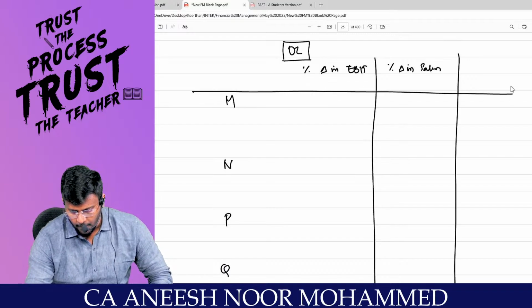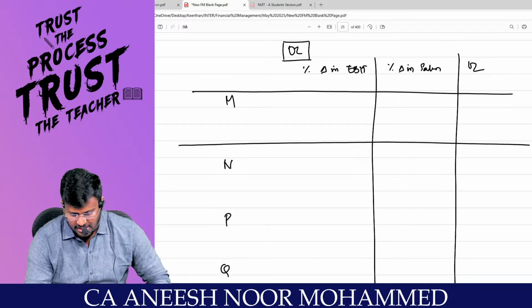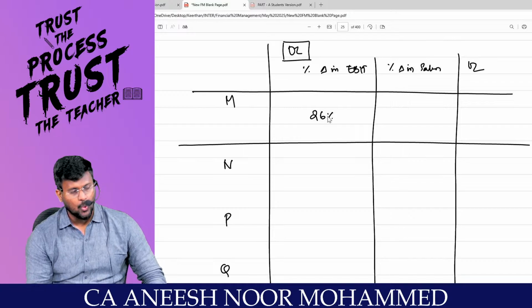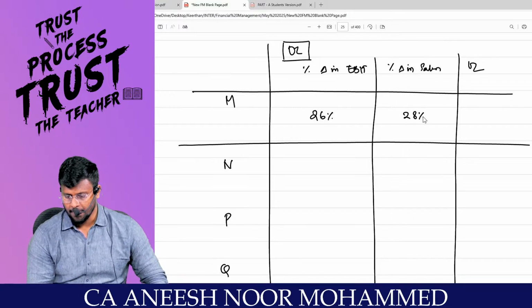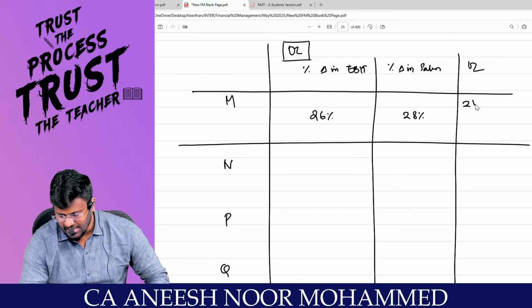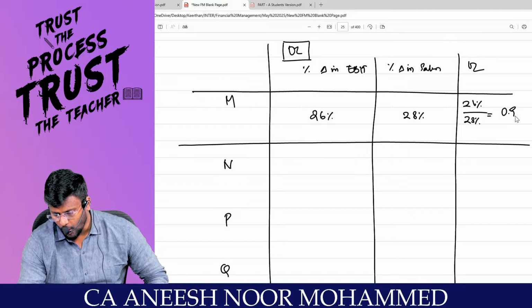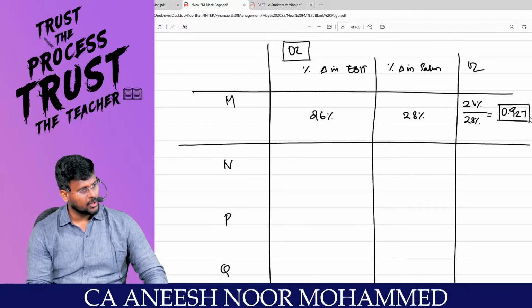Then I will be getting the operating leverage. For the first firm, what is the percentage change in EBIT? 26%. What is the percentage change in sales? 28%. So 26% divided by 28% is equal to 0.92 times is the operating leverage. Are you all with me?